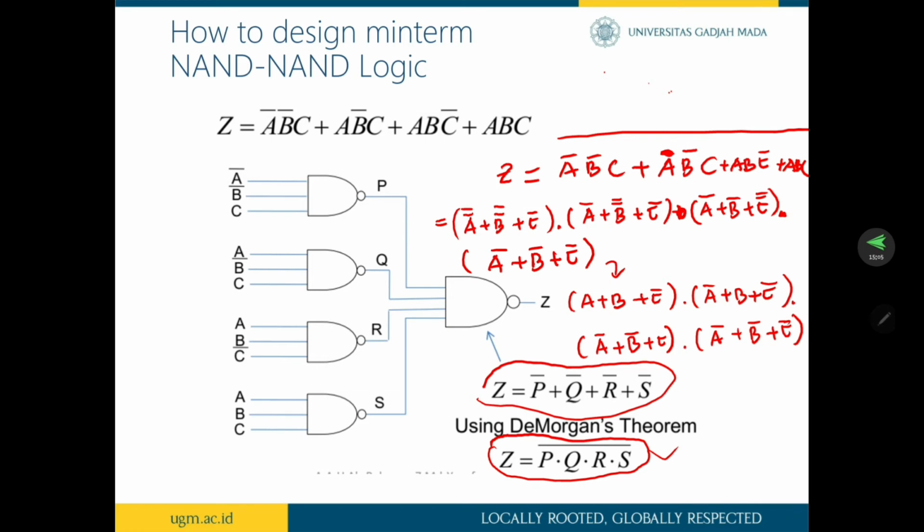Or we can write like this: dot A B C not, and dot A B C not. This is the form of this Z.